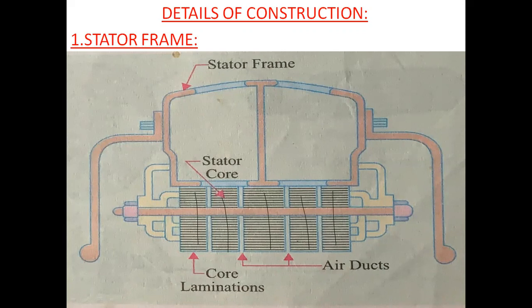The slots are for housing the armature conductors, which lie along the inner periphery of the core, and they are stamped out at the same time when the laminations are formed. There are different types of armature slots. We will discuss those in the next class.